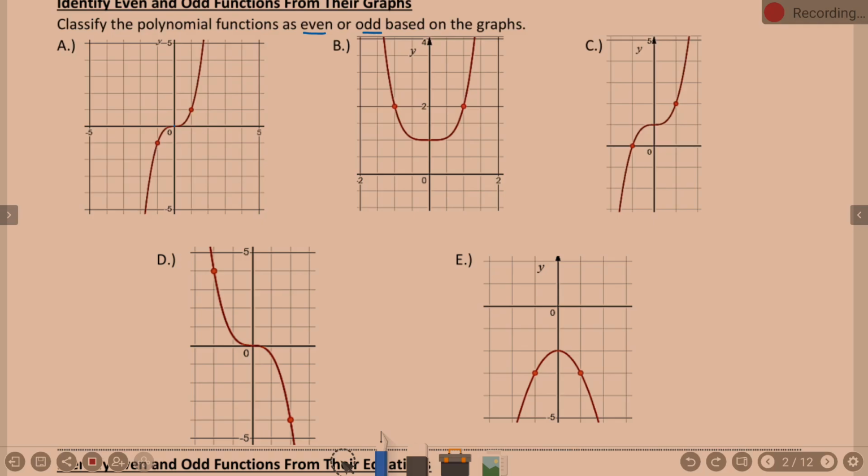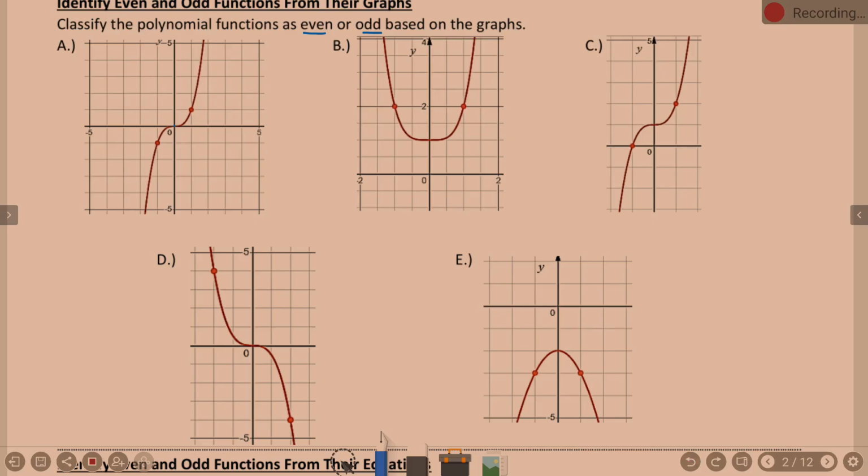Does my paper right here look the same as that graph up there? It does. And then also, I like to take, for instance, this piece right here. If I reflect it across, say, the y-axis, it ends up over there. Then if I take this same piece and reflect it down here, it ends up on top of that, right? That's another way I look at it.